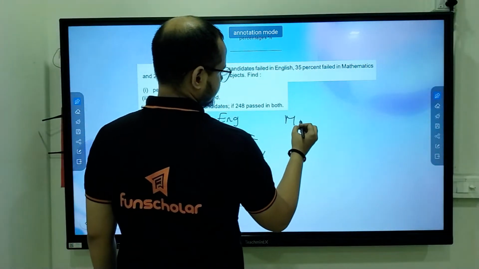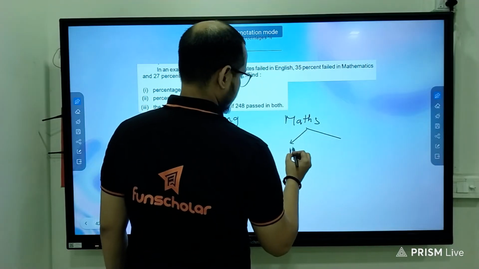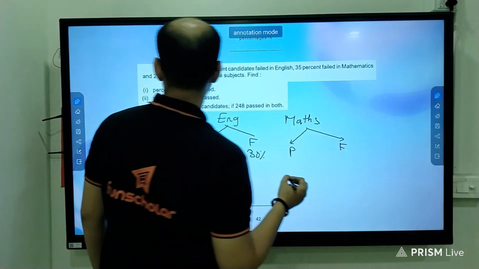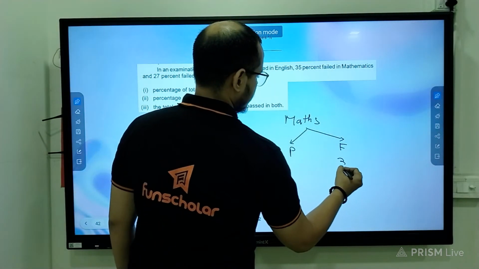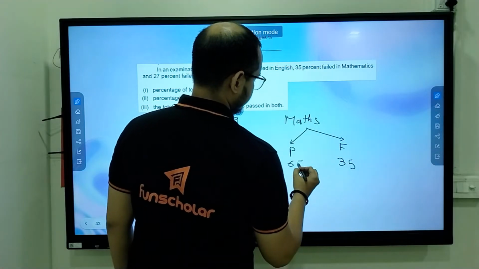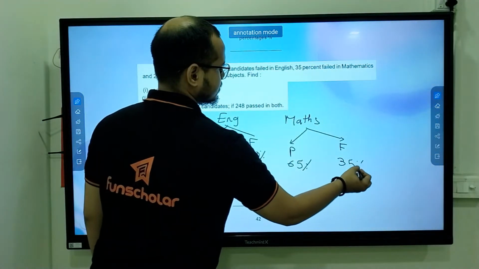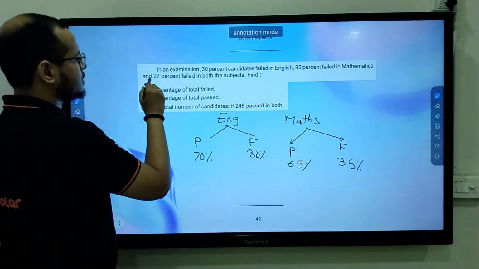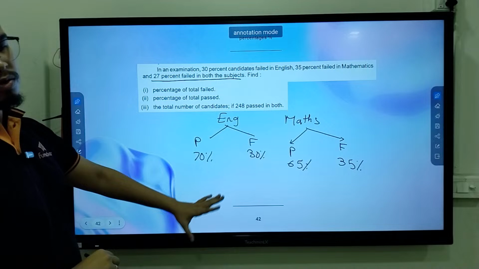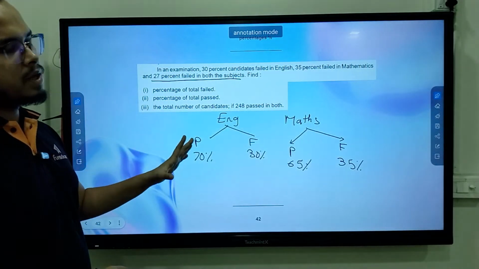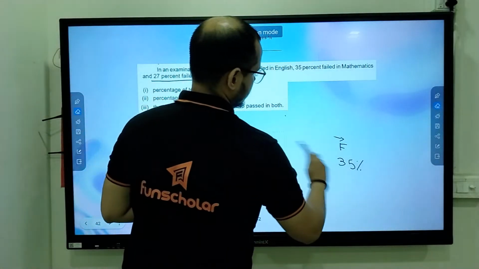Then in maths: pass, fail. 35% failed in maths, so 65% passed in maths. Now, this 27% failed in both. This statement makes us realize that this sum cannot be solved this way. We have to apply a Venn diagram, so let us solve using a Venn diagram only.